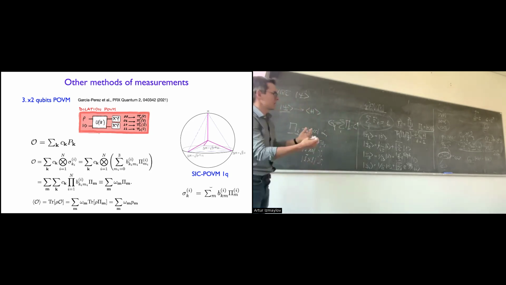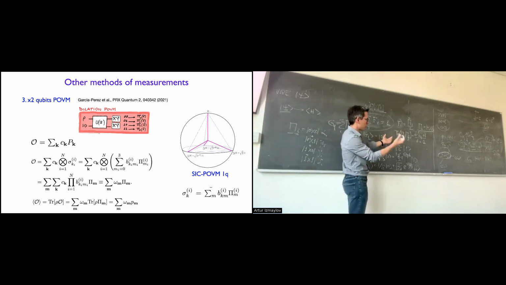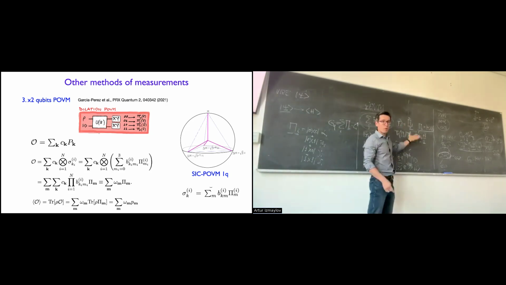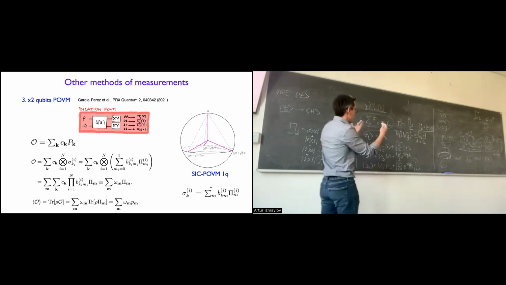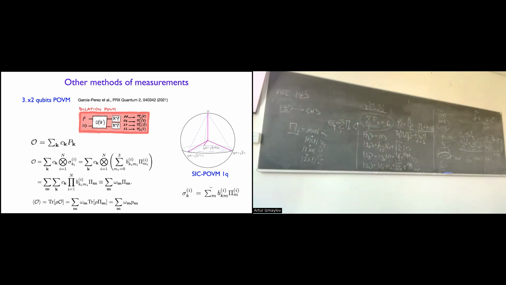So the POVM technique, within each ancilla-target pair, will collapse the qubit into one of these 4 projectors. All I want now is a coefficient in front of each projector, so that I can learn the expectation value of the operator. But the operator is initially written as a Pauli product, not in my projectors.